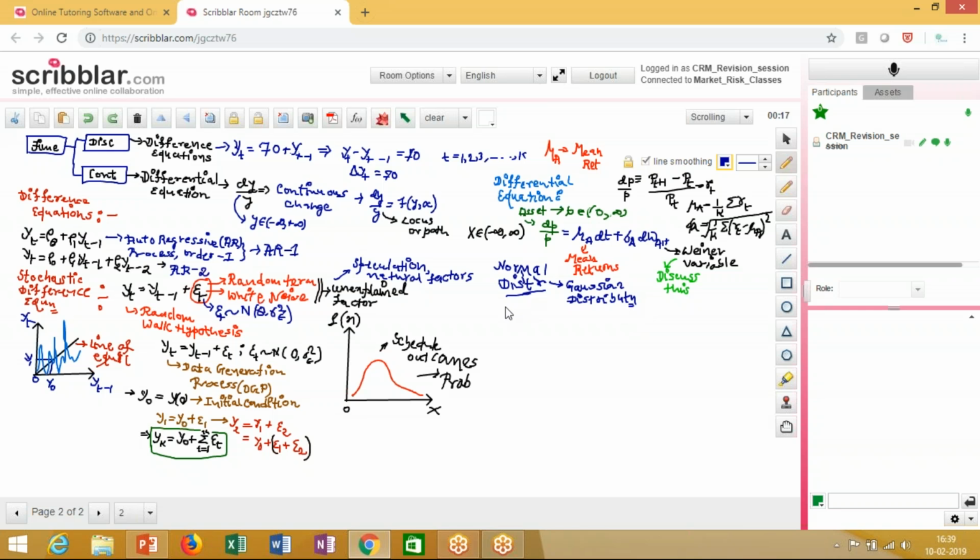One of the most important characteristics of a normal distribution is that it is a symmetric distribution, and given that it is symmetric, there are some characteristics which directly follow.